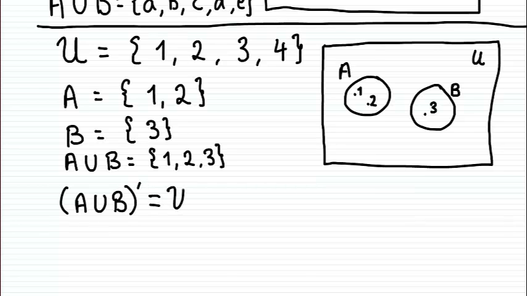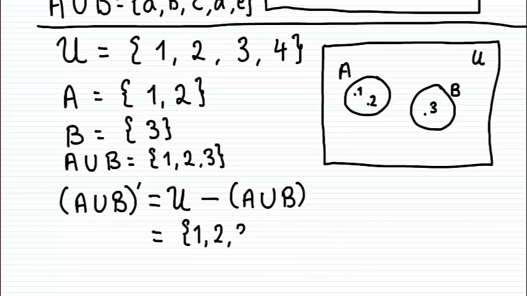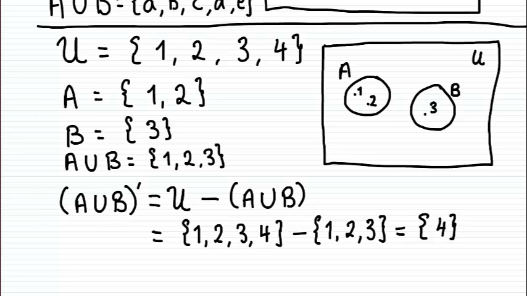That's going to be the universal set less A union B. And in this case, this will be set 1, 2, 3, 4, which is the universal set, less the union, which we know is 1, 2, and 3. The resultant set in this case is a set with a single element 4.